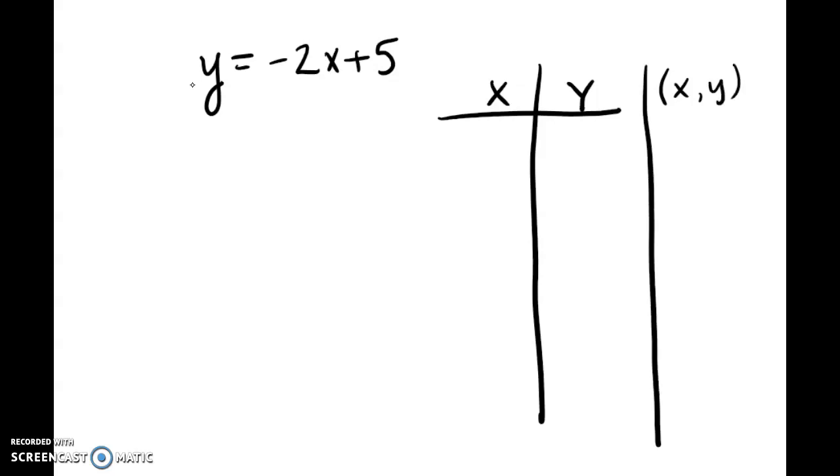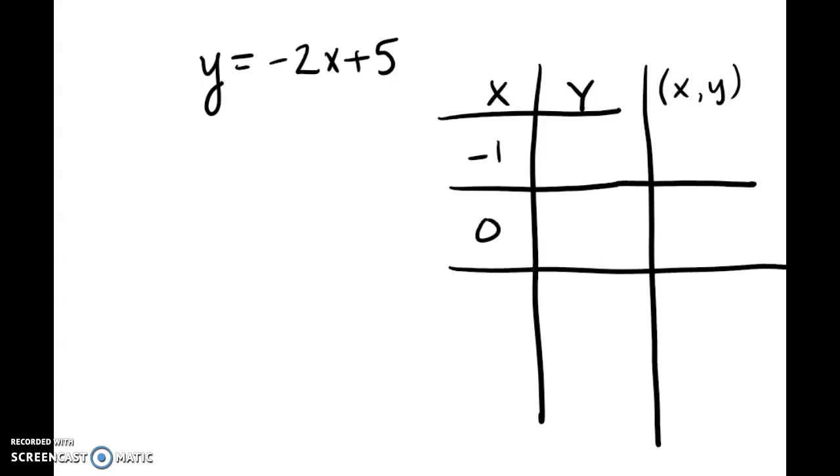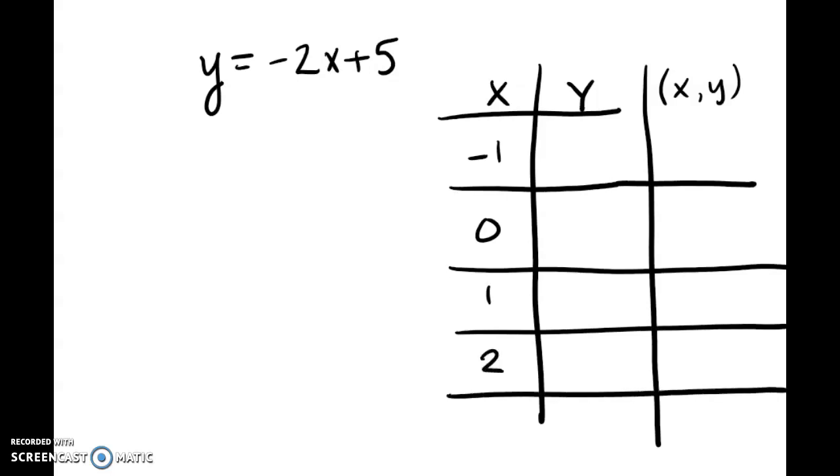So part of the table is filled in. It goes from negative 1 up to 2. And then also we have this 5/2 here. So let's go through and fill in this table.